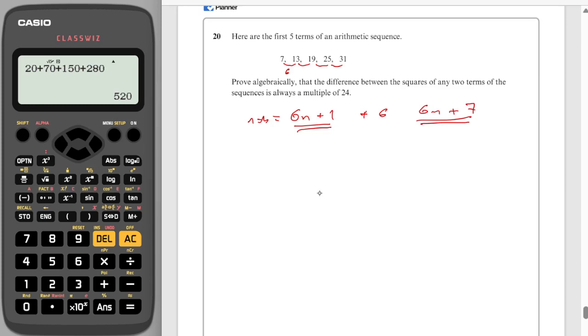Okay, so I'm going to say that the first term is going to be 6n plus 7, and then I'm going to subtract from that 6n plus 1, and I want them both squared.